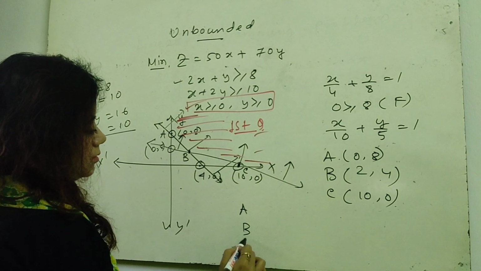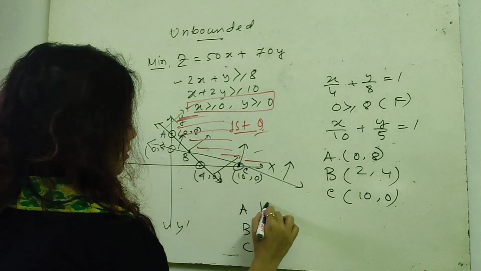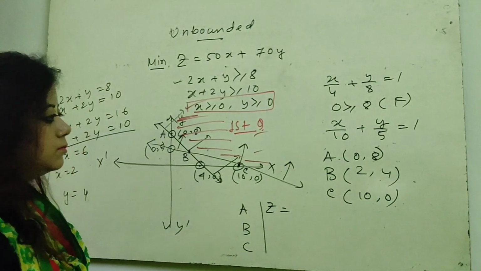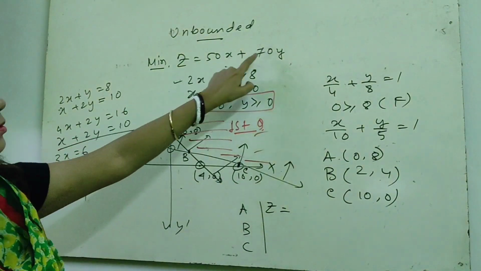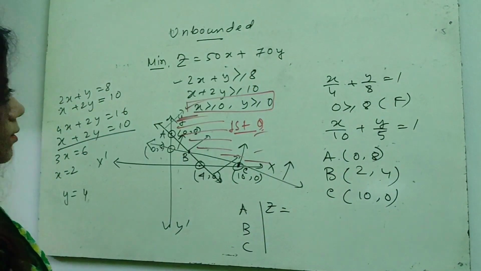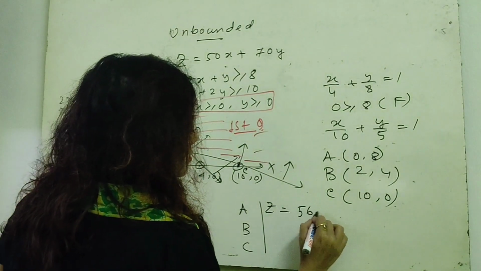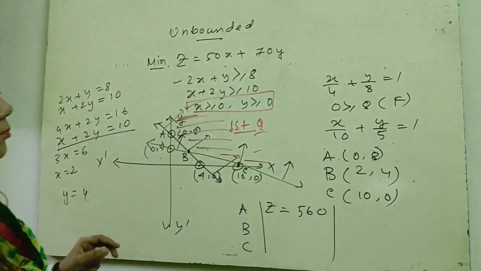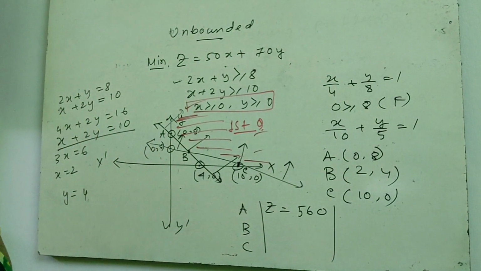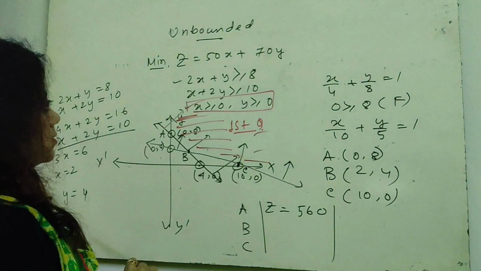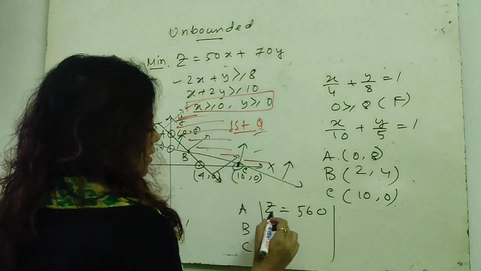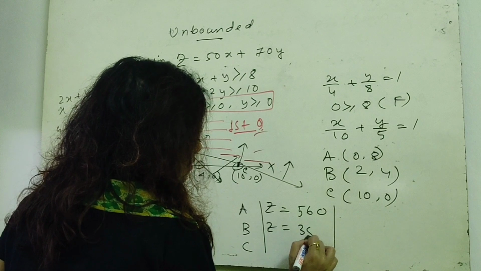Now I have to put the values. A, B, C. Z equal to, for A, 0 plus 70 into 8, 560. For B, (2, 4), 100 plus 280, 380.